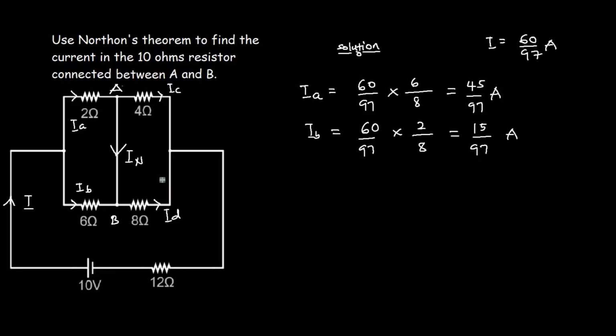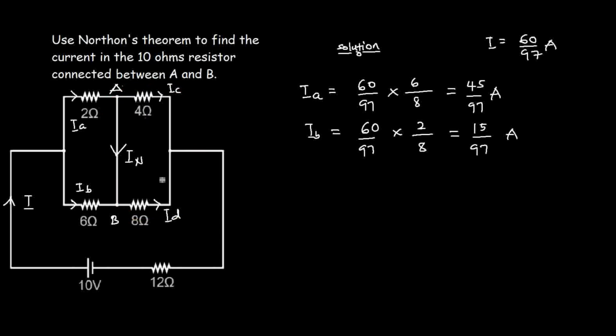So now I'm going to use the IA and IB values to find IC. When you look at the circuit closely, you see that this IA is flowing to this part of the circuit, so you can consider IA to be a source current for this part of the circuit.